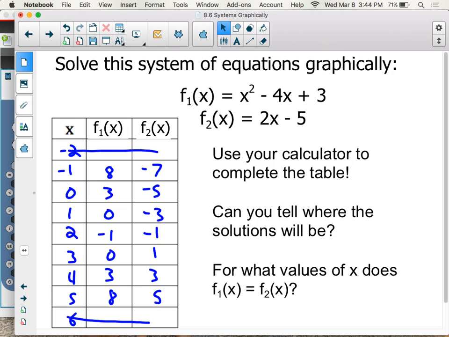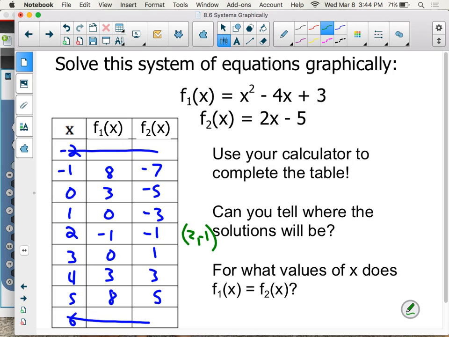Great. Now, can you just tell, looking at the table, where the solutions will be? Can you see that they're where the y values are the same? So one of my solutions is going to be right here at the point (2, -1), because both y values are -1. And can you also tell the other solution is going to be at (4, 3)?